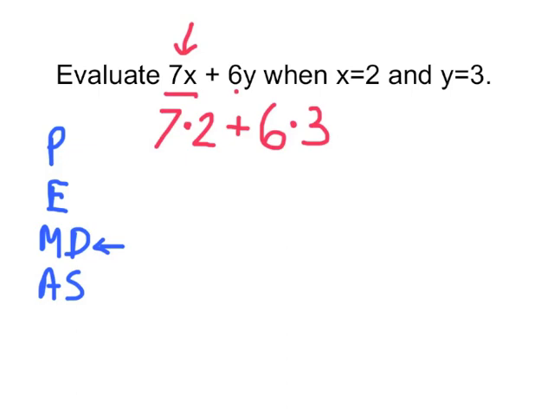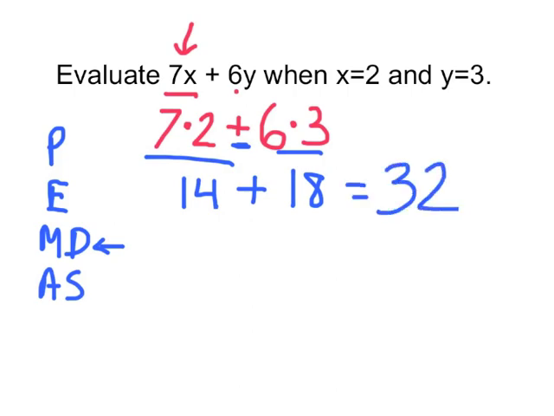Starting on the left, do all the multiplication. So 7 times 2 is 14, 6 times 3 is 18, and the operation that's in between them that we need to replace is plus. 14 plus 18 is 32.